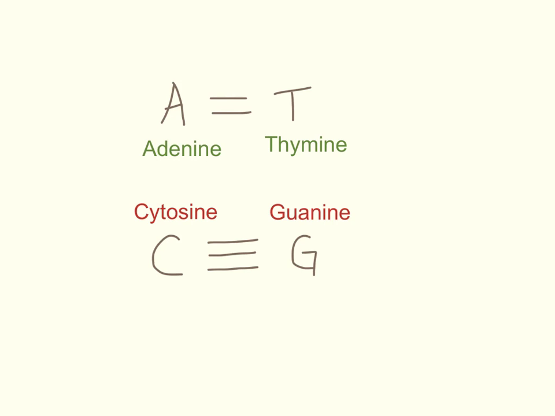AT go together with 2 hydrogen bonds, C and G go together with 3 hydrogen bonds. Then I can always look at their name and see whether or not there's a Y present. The cytosine and thymine are my 2 pyrimidines, and the adenine and guanine are the 2 purines.